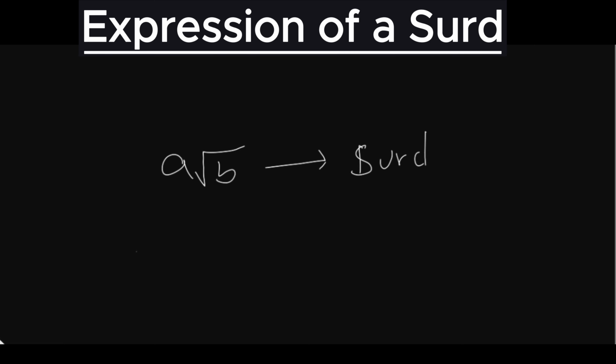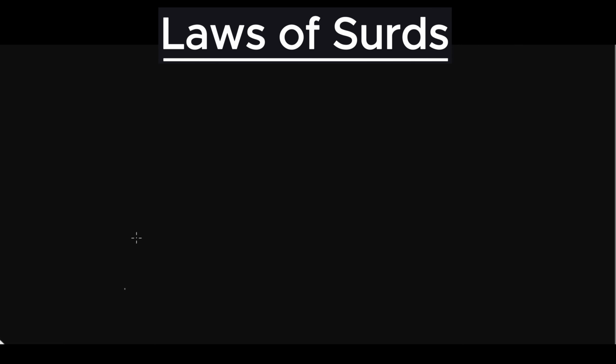Now, let's look at two key laws in surds that will help us in finding the square root of a surd. The first law of surds is that if we have a square root, for example, of A times B, it means that we can separate these two terms.